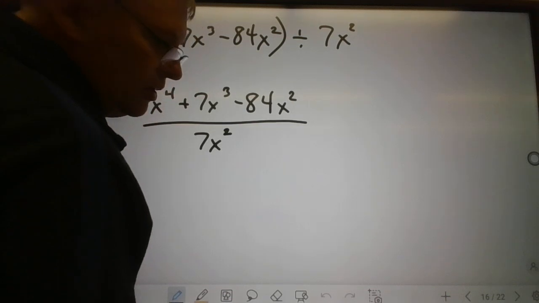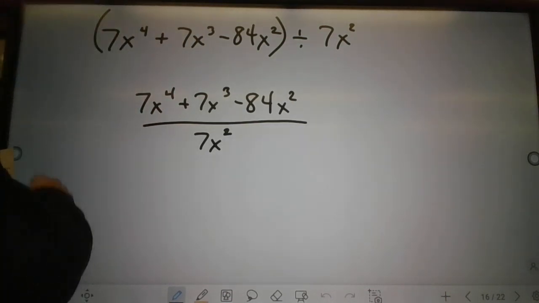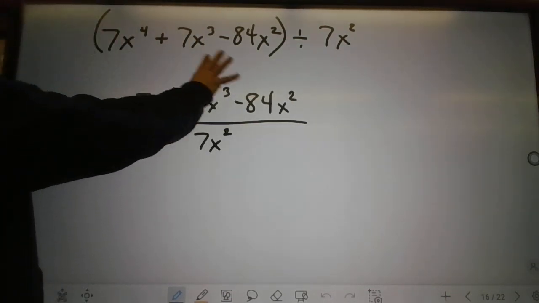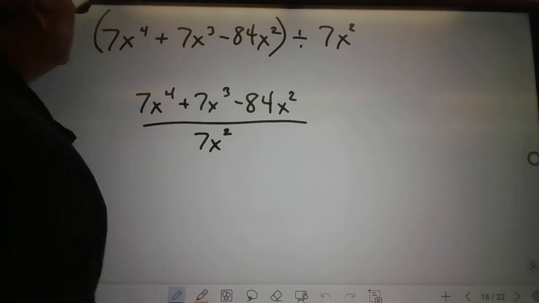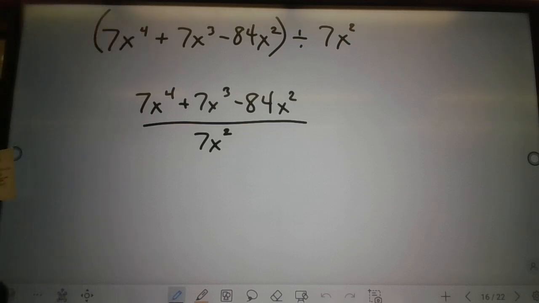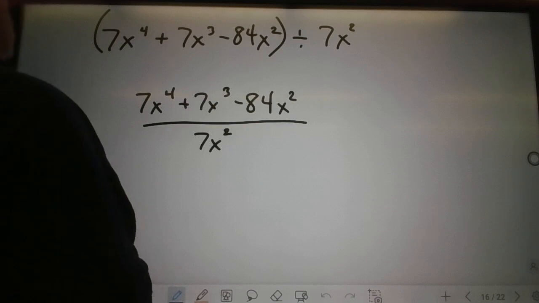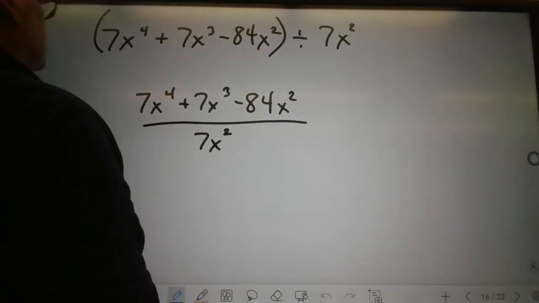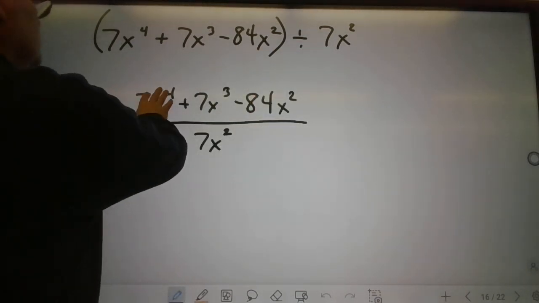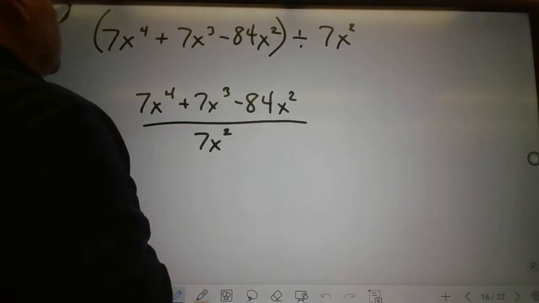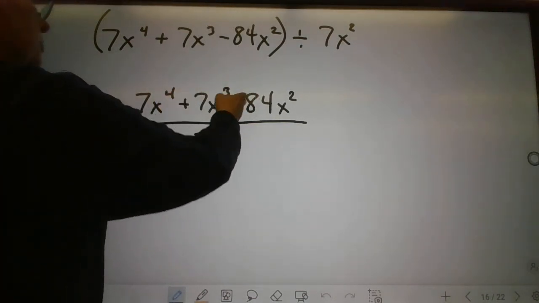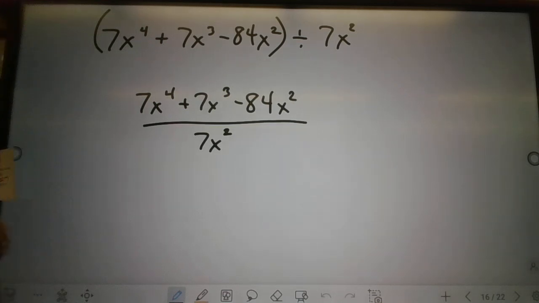Okay, let's try another example problem. Oh, I'm sorry, this is practice letter A. Well, if you look closely at this, I mean, we could try to reverse FOIL. But I notice there's a bunch of x's in each of those terms, which we can probably pull out something. And now does 7 come out of 84? Yes, it does, 12 times.